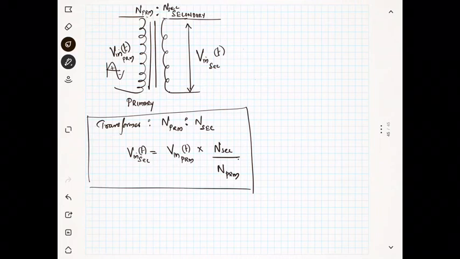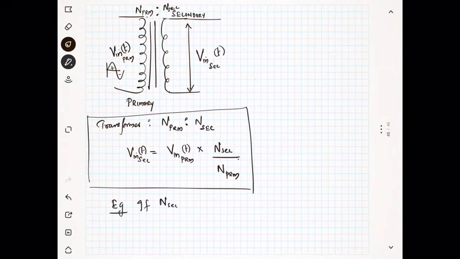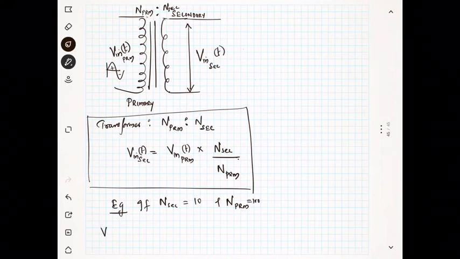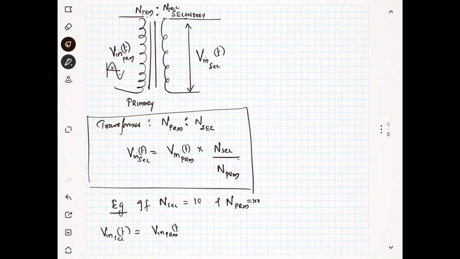For example, if n secondary is equal to 10 and n primary, the number of turns in the primary, is 100, then the voltage at the secondary will be V in primary times 10 divided by 100.